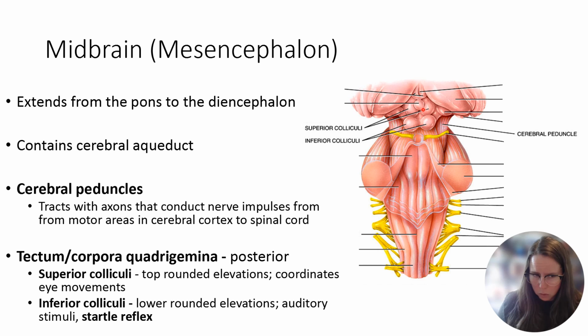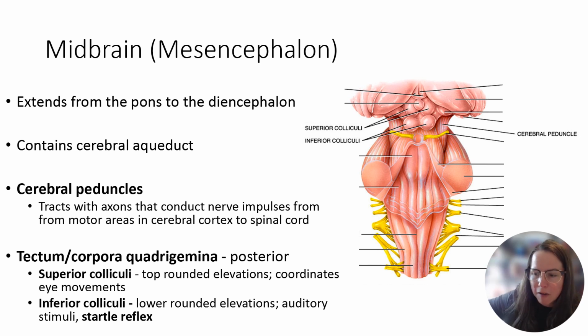We also have our inferior colliculus, which is going to be down here, and these colliculi are responsible for the startle reflex, which we'll talk a little more about when we get to the ear. But suffice to say, you've all encountered this.